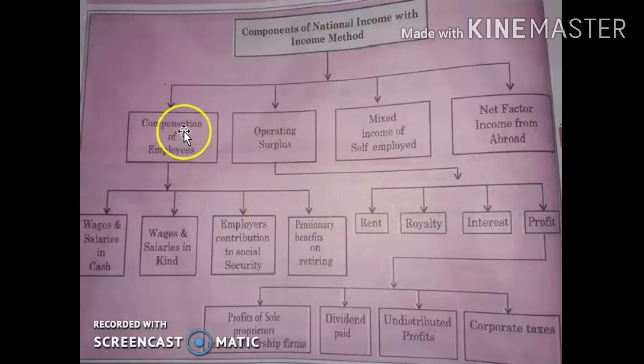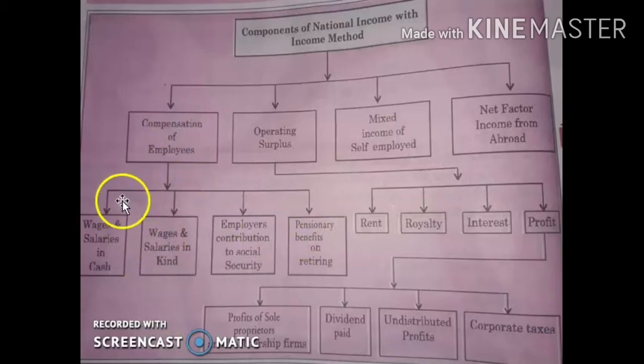If in your question compensation of employees is given together as a single value, you can take that value and use it. Otherwise it will be split up like this. If COE is given and the split-ups are also given, you should only take COE, otherwise it will be double counting. These 4 split-ups are included in COE.